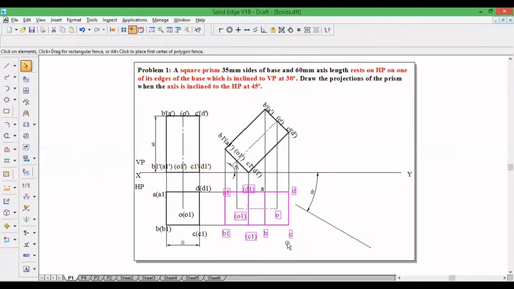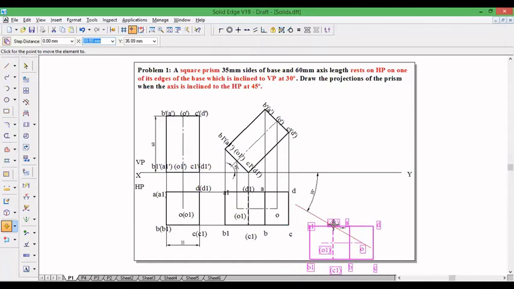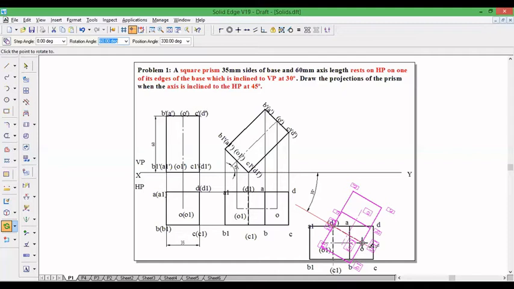Move this second position, switch on copy, and place it in such a way that D1 will coincide with the 30 degree line, and rotate the same in such a way that D1 and C1 coincide with the 30 degree line, which is the edge of the base inclined to VP at 30 degrees.